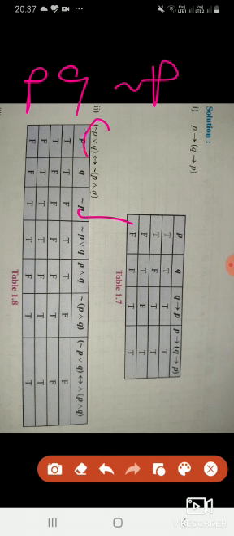Next, the left side is negation of P and Q, both are there. Next we will go for the right side, P and Q, then its negation, then the biconditional, and you are going to get that property.